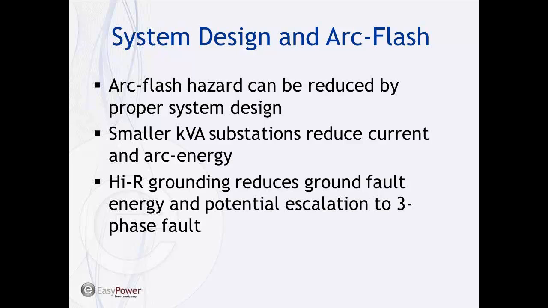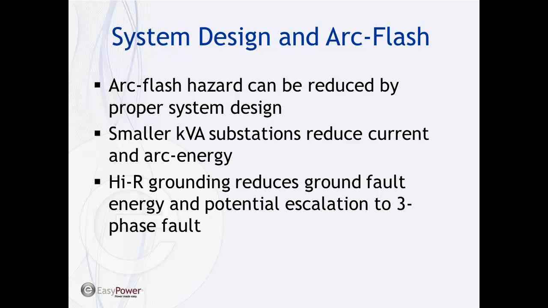High resistance grounding reduces ground fault energy and potential escalation to a three-phase fault. That doesn't necessarily mean you're going to have lower incident energies, because the arc flash calculations are all based on three-phase faults. But in this case, the likelihood that a line to ground fault is escalated is reduced, therefore improving your arc flash.